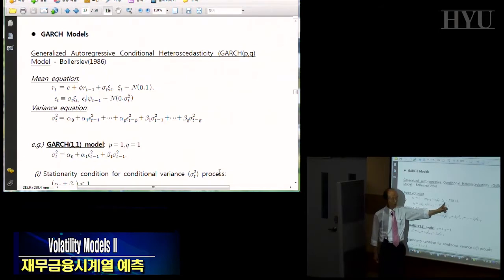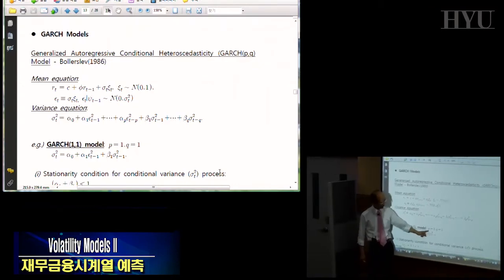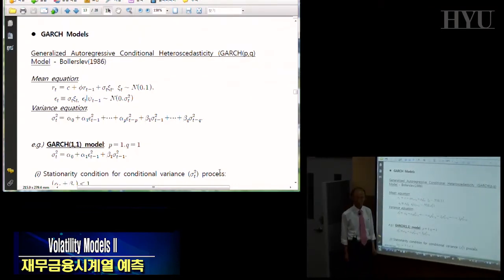Is this a parameter? Actually, not really, right? This is not a parameter. Parameters are these guys, right? In the GARCH(1,1) model, the 3 parameters are, in fact, parameters, right? So if you happen to estimate this one along with this, then you will have a fitted value, right? Fitted value of this one.